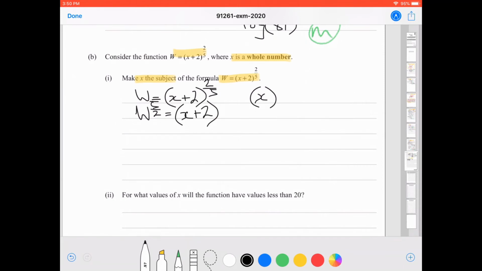Okay. Now, let's take the 2 to the left-hand side. We say w to the power of 5 over 2 minus 2 equals x. And here we have successfully rearranged to make x the subject.